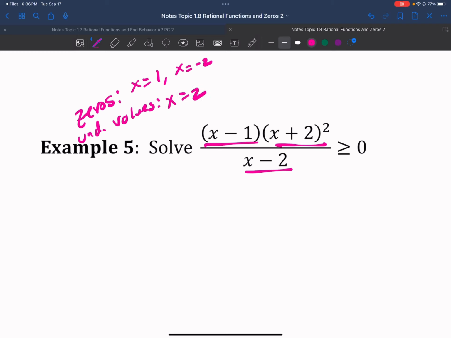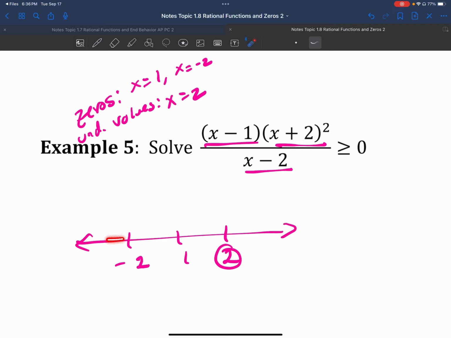So I'm going to start drawing my sign chart using the three numbers that I just found. The smallest one is going to be -2, and then 1, and then 2. Since 2 came from the denominator, that one has to be excluded no matter what. After that, I'm going to start plugging in my numbers from my intervals to get the sign.